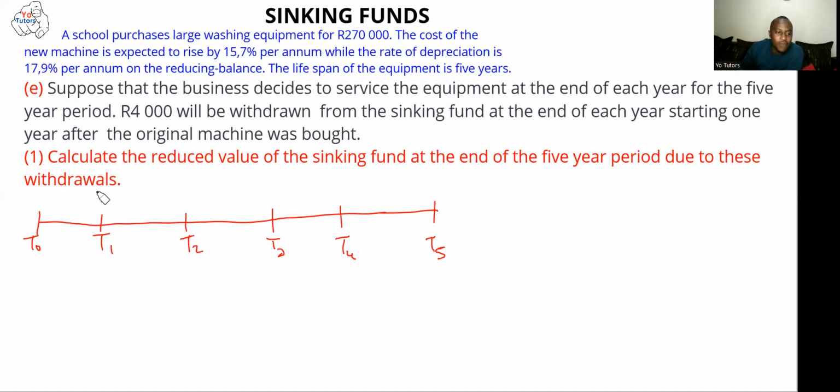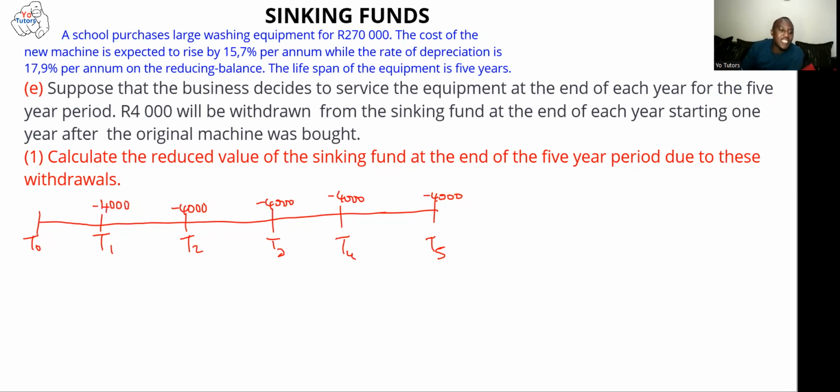Which we now need to calculate. So if we start here at 4,000 after 1 year, taking out 4,000, and then again taking out 4,000 here, here again 4,000, 4,000, 4,000. We are saying minus, minus, minus, minus, minus.